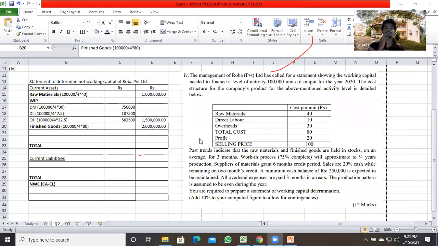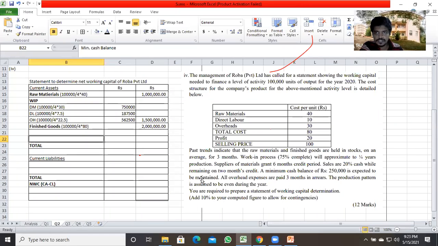So it's simple. Only 2 months credit. Then how can it be adjusted? Jessima, you have done the first part. They are just giving 2 months credit.